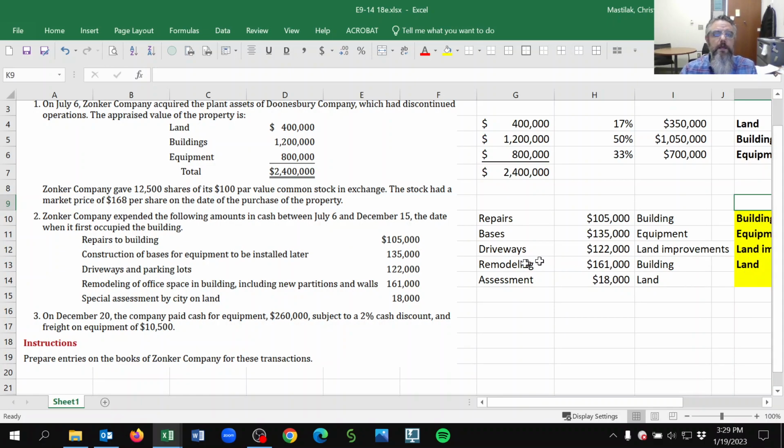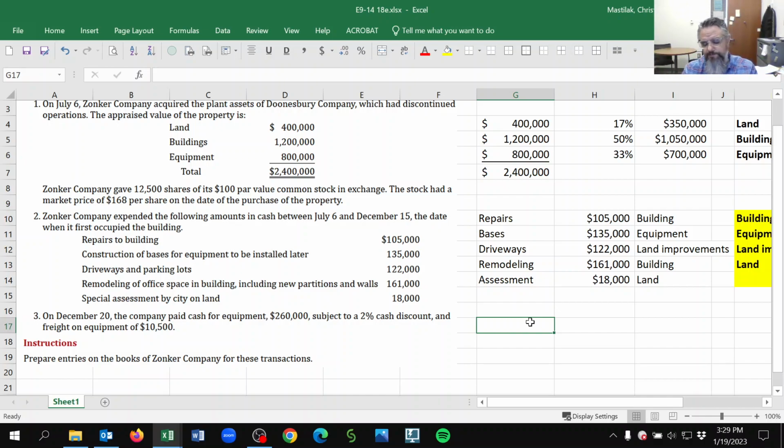And what do we pay? We pay $260 for the equipment, minus a 2% discount, and then we also pay freight on the equipment of $10.5. So again, how do we measure the historical cost? All the costs necessary to get the asset ready for use. Do we have to pay to get the equipment shipped here to make it ready for use? Well, yes. Buying a piece of equipment and leaving it somewhere else doesn't help us use it in our operations.